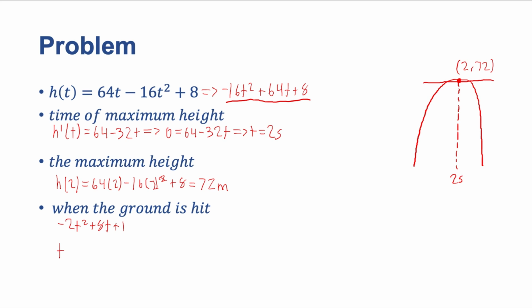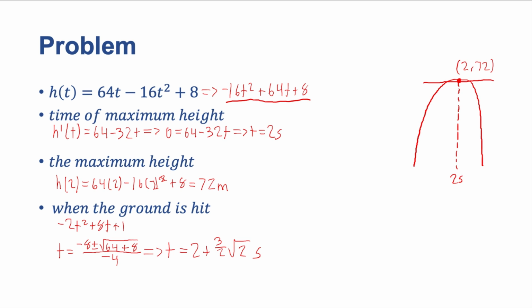We get t equals negative 8 plus or minus the square root of 64 plus 8 over negative 4. And that is going to yield a result of t equals 2 plus 3 halves square root of 2 seconds. All right, so we determined when we hit the ground.